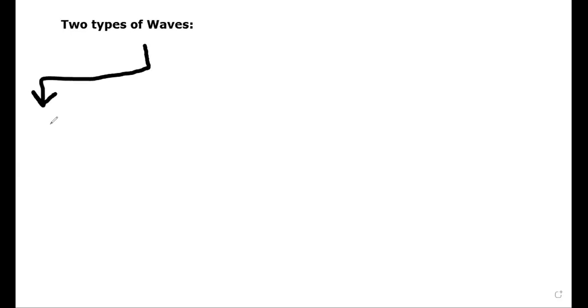So we have two types of waves. One is longitudinal waves, which are also called compressional waves.